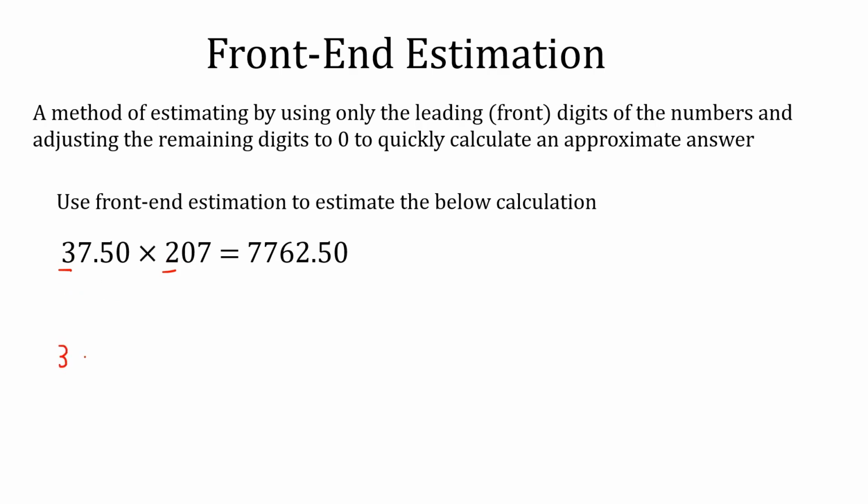So I simply just have 30.00 times 200 because I just kept the values the same for the front leading digits. And then I just multiply them. And I believe I simply get 600 here. And that would be my 6,000 here. And that would be my estimation pretty much.